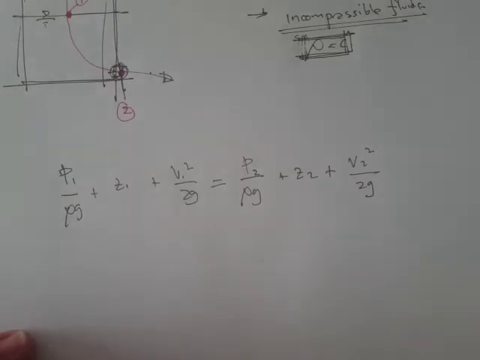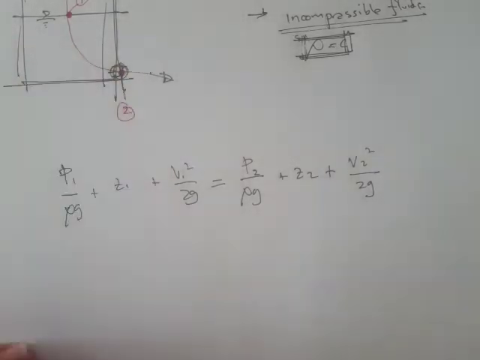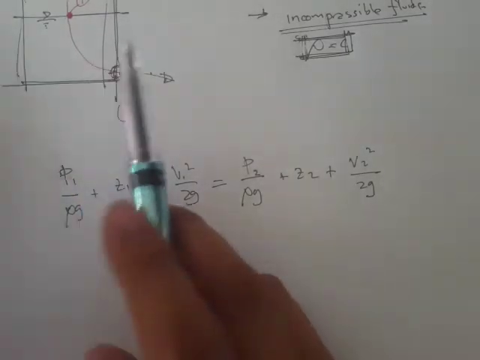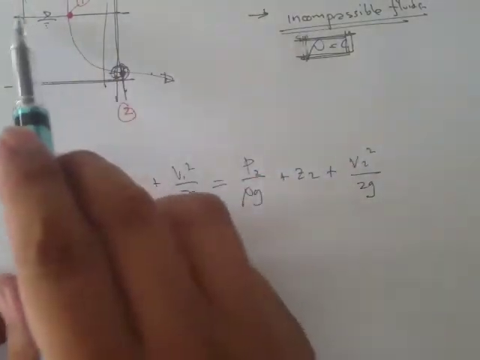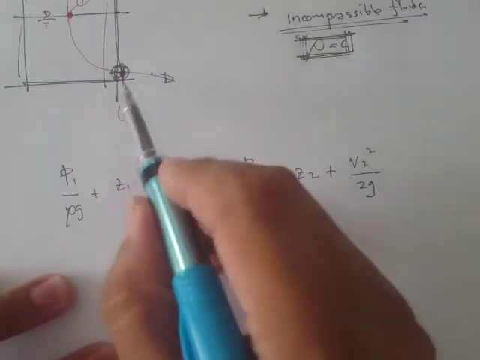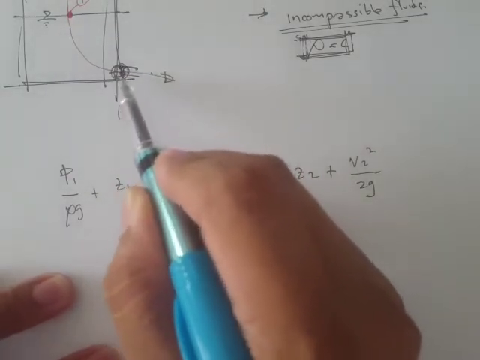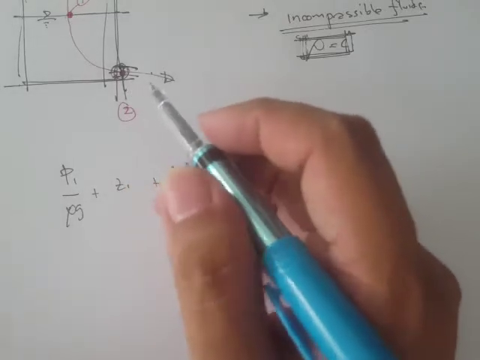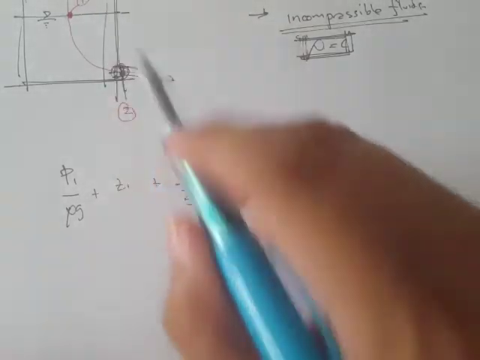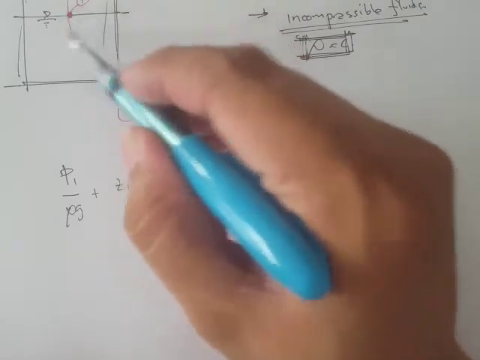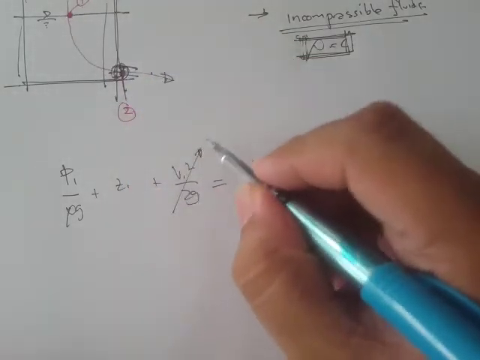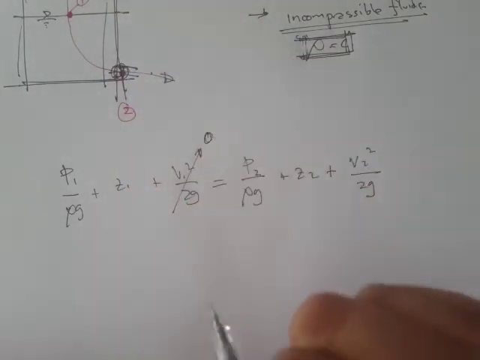There are actually assumptions depending upon the applications, but in this application, for example, we have a large tank. The area of the tank is way larger compared to the area of this hole. Then the assumption is that the velocity right here is 0. Okay, that's a typical example.